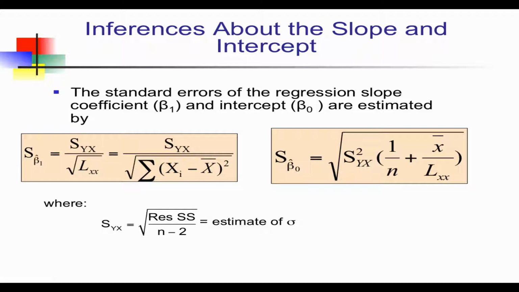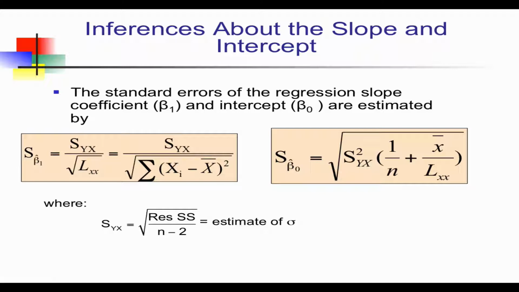In other words, if we have beta hat 1 as a point estimate and this standard error estimate, we can actually know the mean and the variance of beta hat 1.